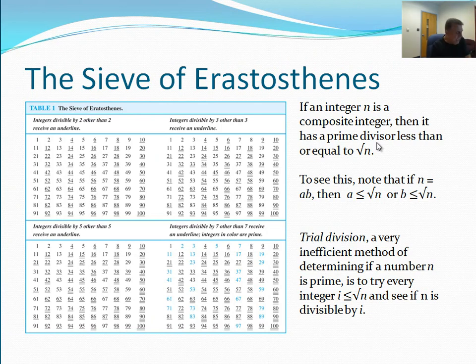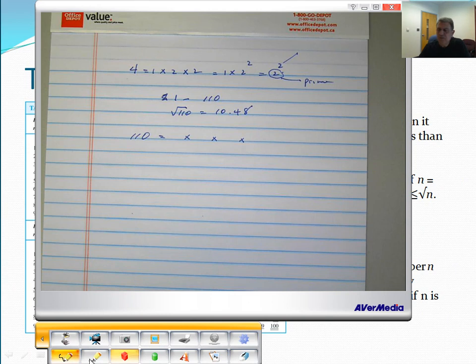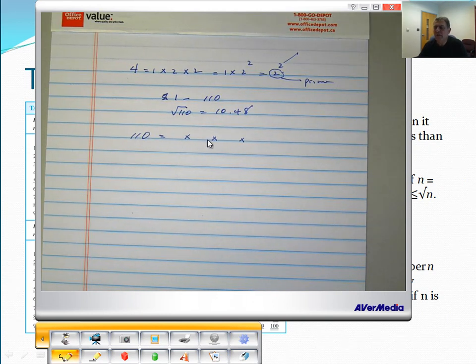All right, so that means if I want to find out if 110 is a composite number, what are the products that I can place in here that give me those numbers? And so it should be prime numbers between 2 and 10, since it has to be less than 10.48, so between 2 and 9. All right, so it has to be numbers between 2 and 9, so I can write them in this format.